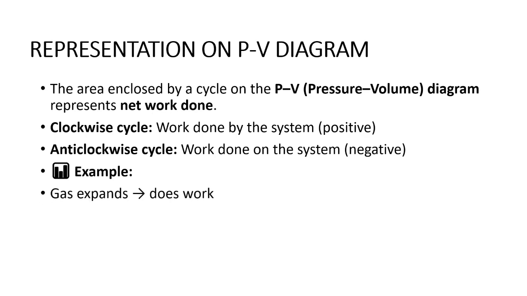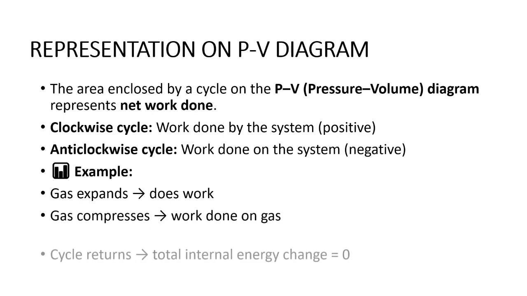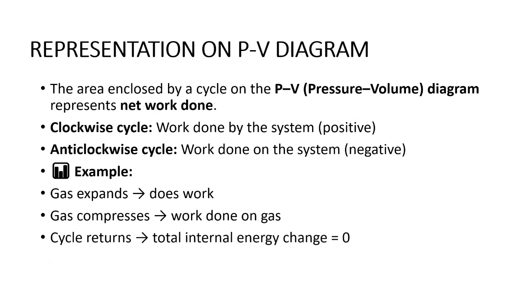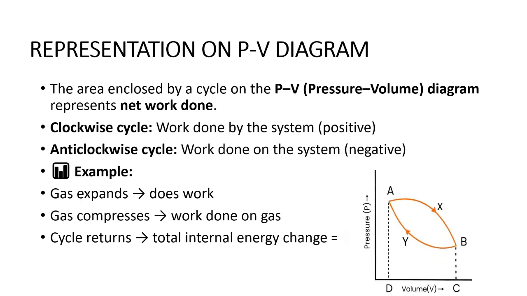For example, when gas expands, work is done by the system, so it is positive, and gas compression is work done on the system, so it is negative. The cycle returns to its initial state, so the total internal energy change is 0.